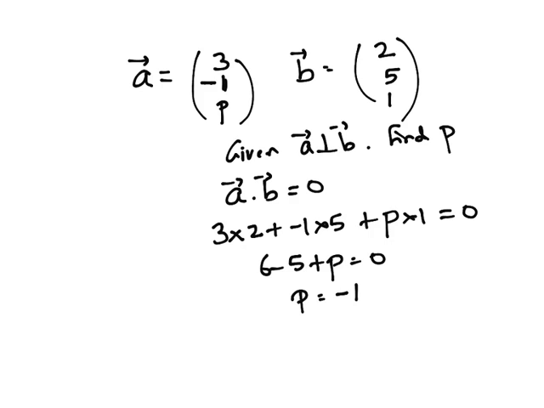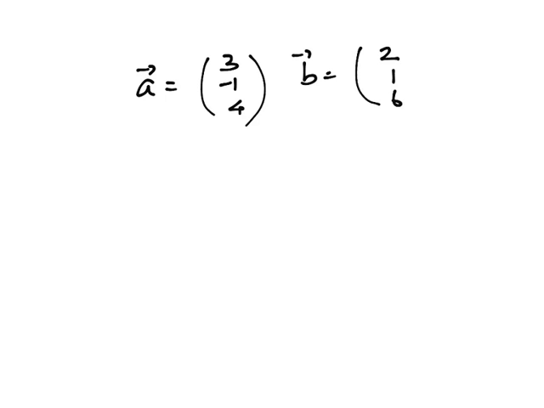Now I'm going to revise how to find the angle between two vectors. Suppose vector A is (3, -1, 4) and vector B is (2, 1, 6). How do you find the angle between two vectors? Very simple.